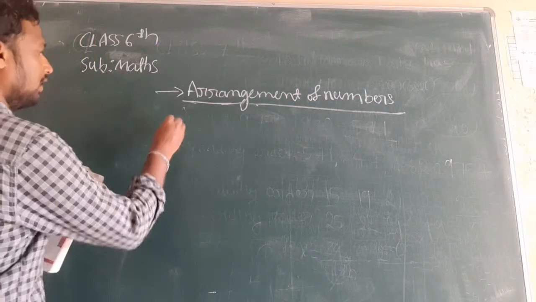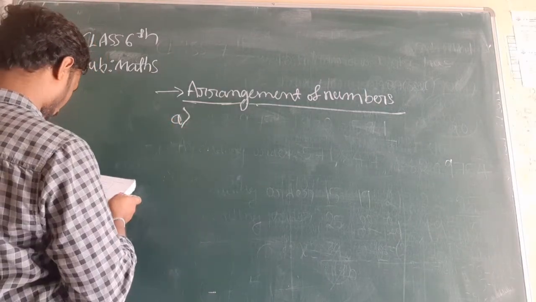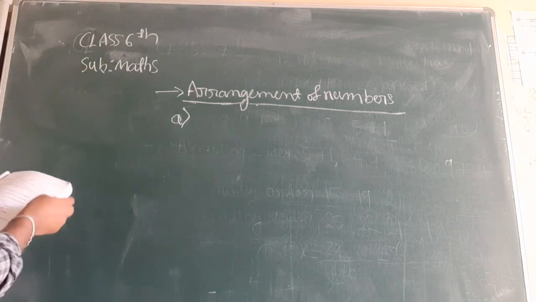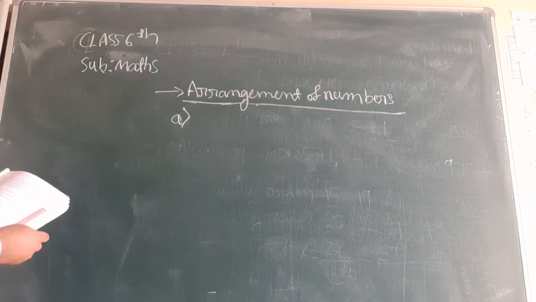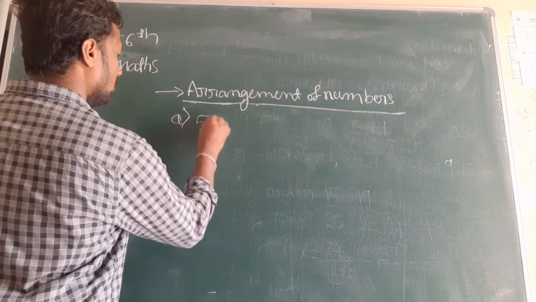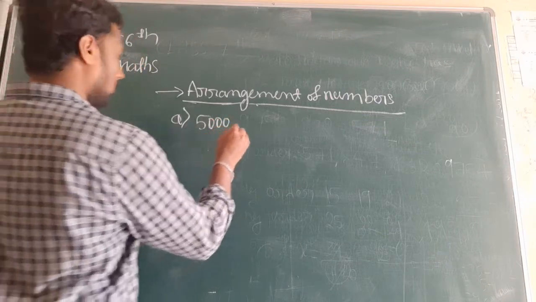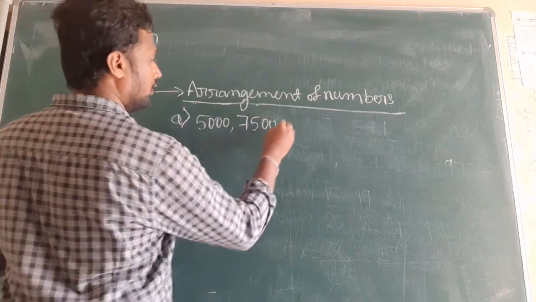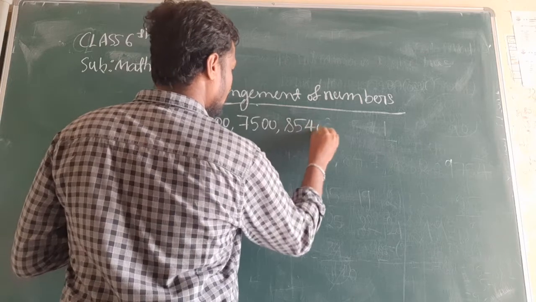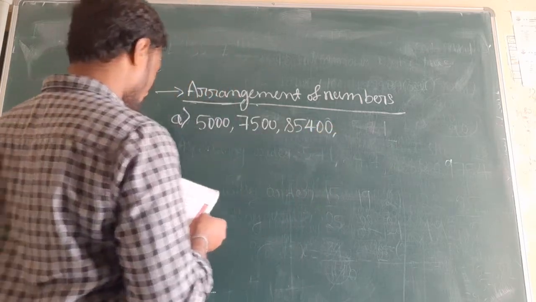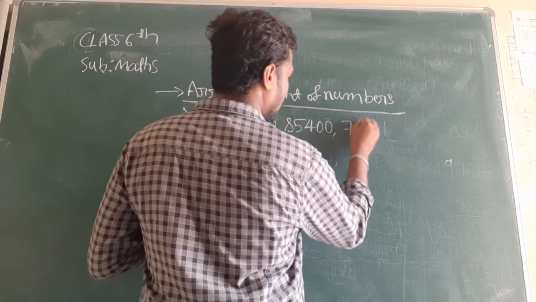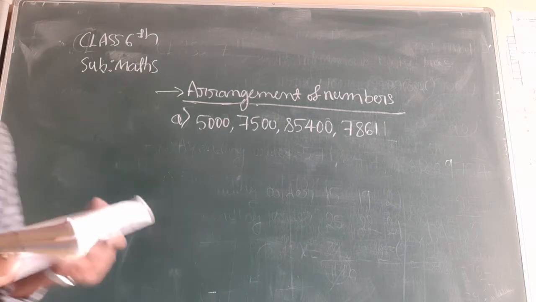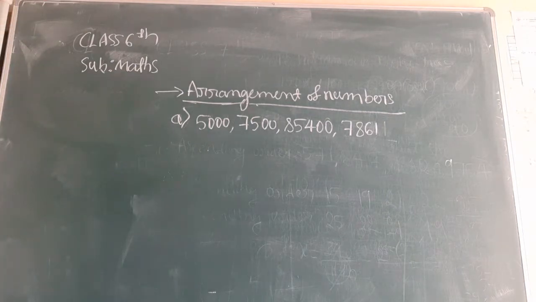Here they have given 5,000, 7,500, 85,400, 7,861. So now, write these numbers in descending order.